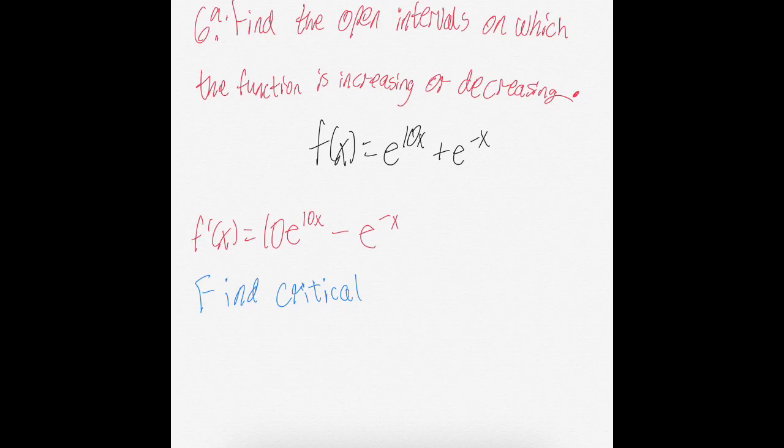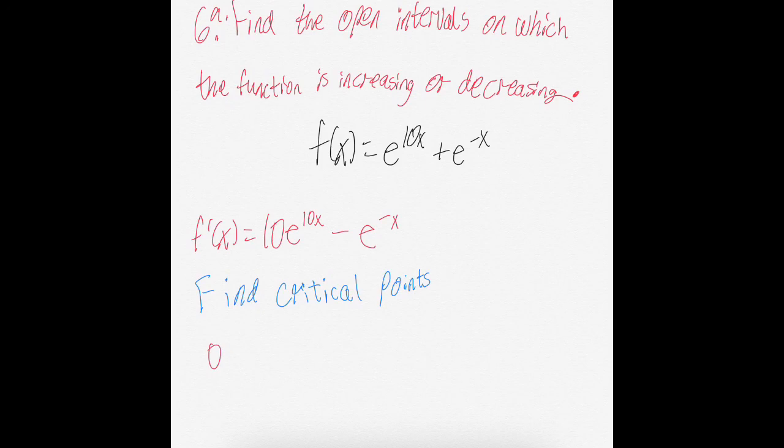We're almost done. This is the final problem of this video. I was going to do one more, but time is of the essence. Okay, to find the open intervals, the first thing that we want to do is find the critical points of our function.